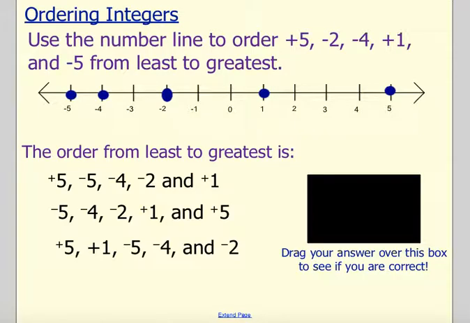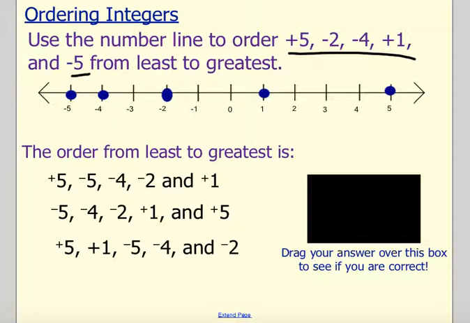All right. When we order things on the number line, when something on a homework or test says, put these numbers on or graph these numbers, we are talking about a number line. And we can see if we were to graph +5, -2, -4, 1, and -5, we would say, well, let's put a number line.